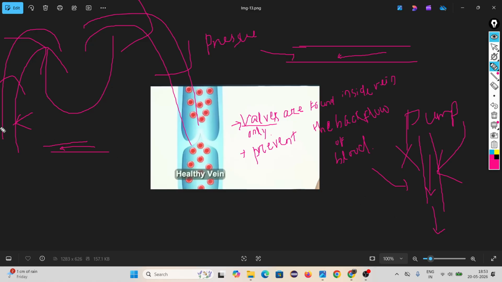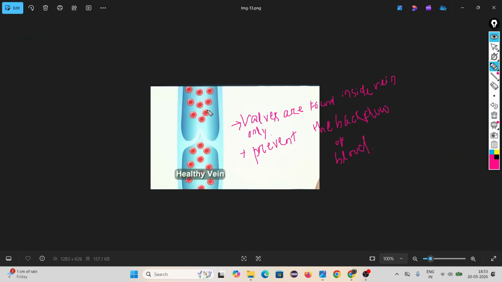But in vein there is no pressure. So to stop this backflow, there is a part called valves. Valves are found inside veins. Valves are absent in arteries and capillaries. Valves are structures that prevent backflow of blood.